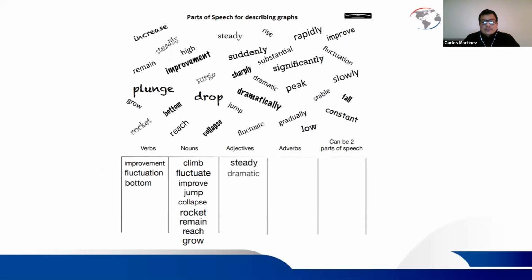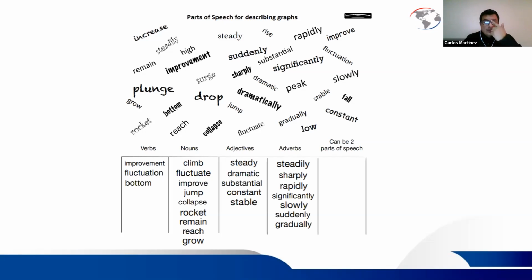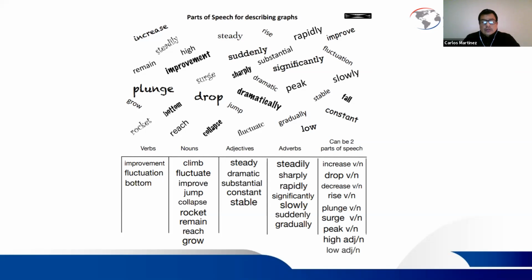Adjectives: steady, dramatic, substantial, constant, stable. Adverbs: steadily, sharply, significantly, slowly, suddenly, gradually. And they can be both parts of speech: increase, verb and noun; drop, verb and noun; decrease, verb and noun; rise, verb and noun; plunge, verb and noun; surge, verb and noun; peak, verb and noun; high, which can be an adjective or noun; and low, which can be an adjective or noun, okay?